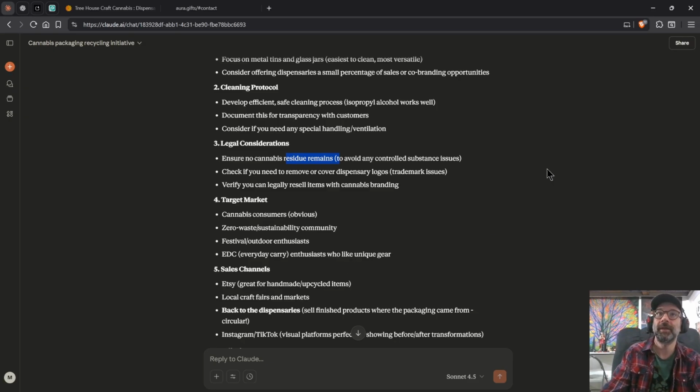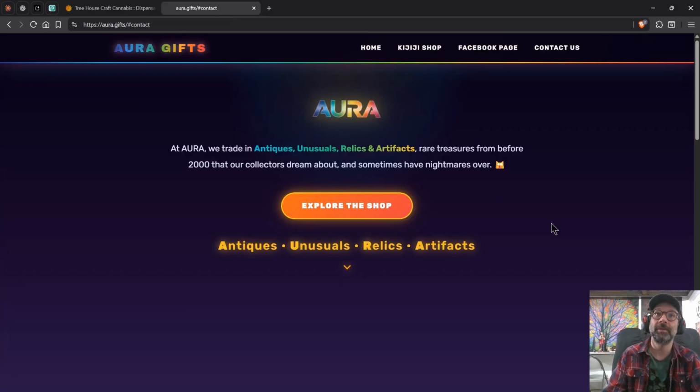Target market, cannabis consumers, zero waste sustainability communities, festival outdoor enthusiasts, everyday carry. I would just put it on something like this, on a shop, and just make a deal with the shop owner, and let's say they get 20%, I get 80%. And if I'm selling things for $5-10, it's going to sell like hotcakes.